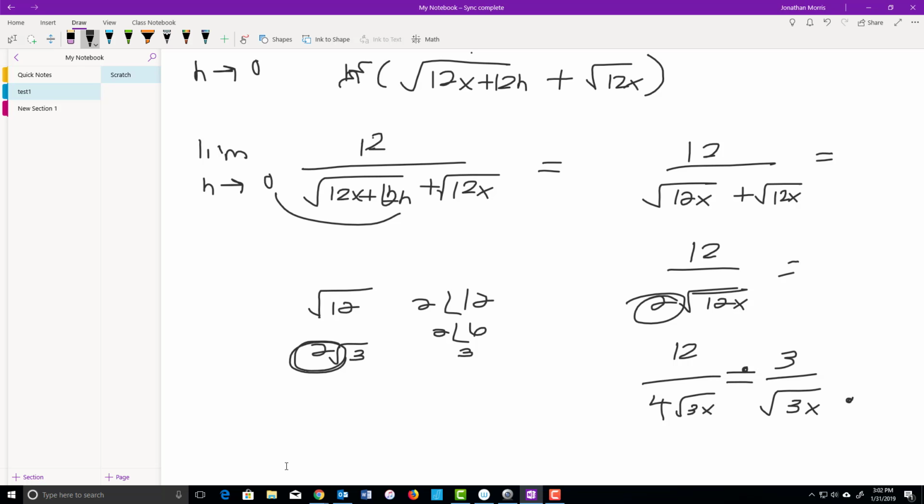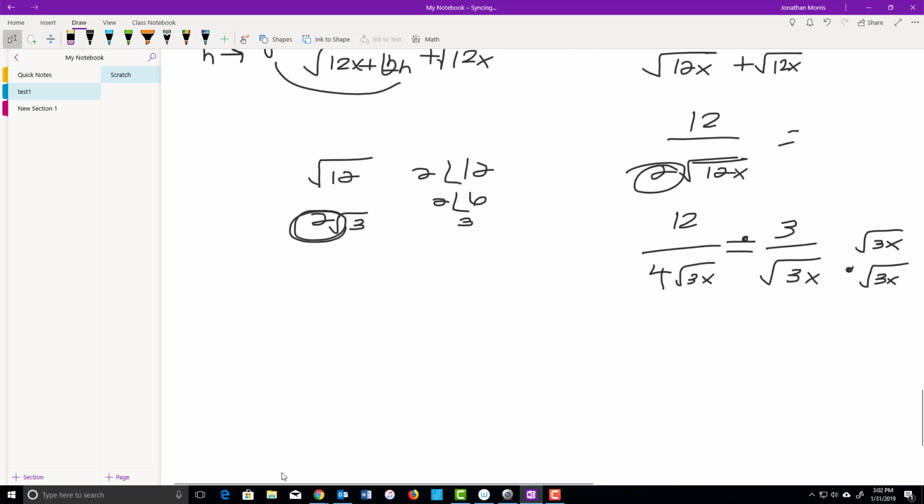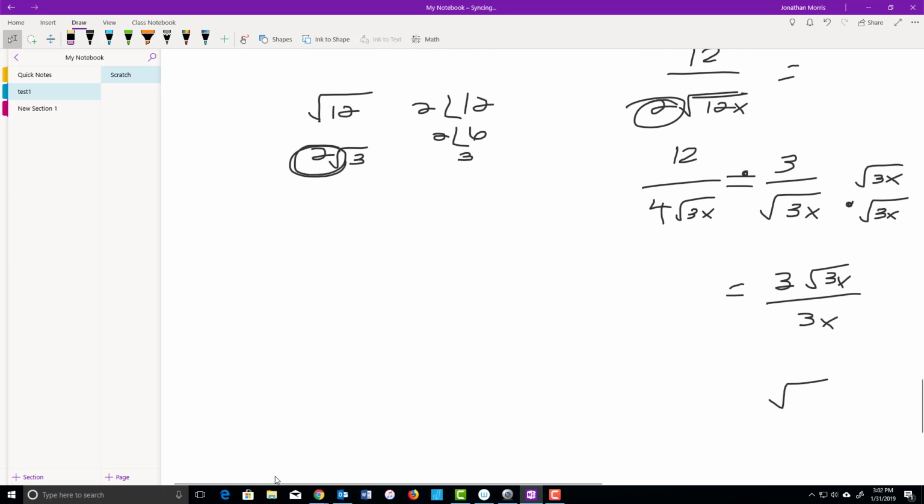Now you just want to rationalize, because we don't like square roots in the denominator. So you multiply by the square root of 3x over the square root of 3x, which is 3 roots of 3x over 3x, which is the square root of 3x over x.